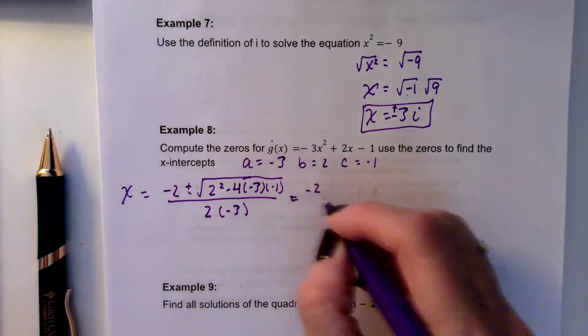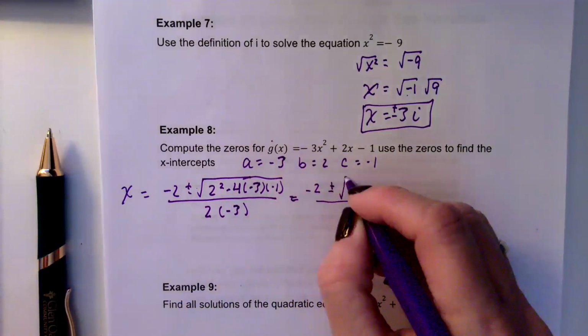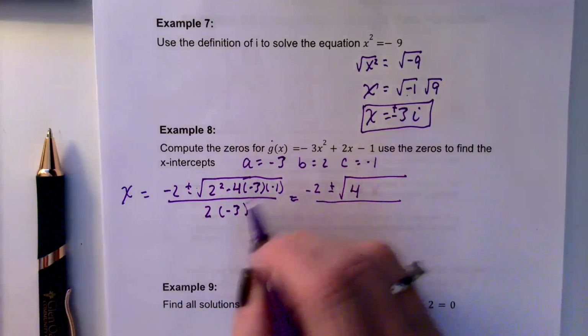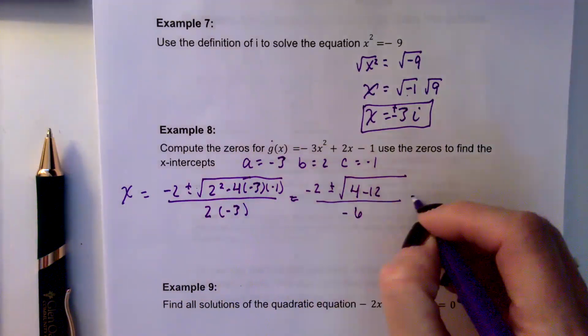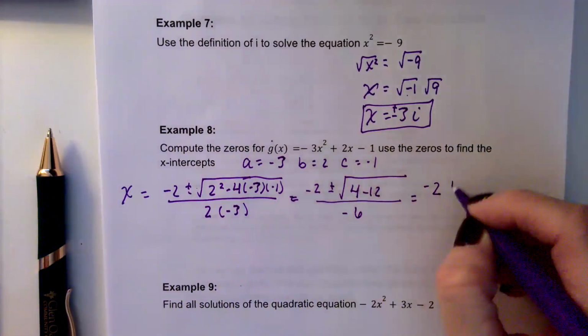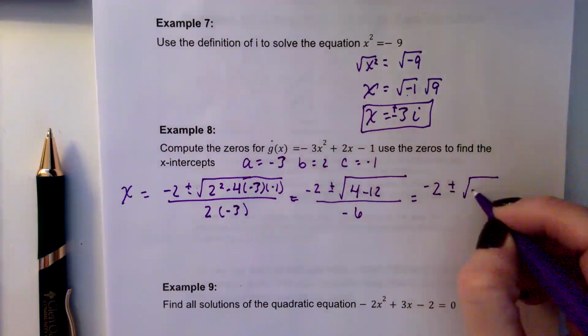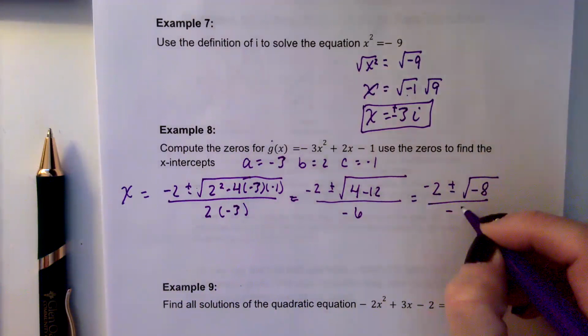So -2 plus or minus the square root of 4, and then we have 3 negatives, so it becomes -12, over -6. So -2 plus or minus the square root of -8 over -6.